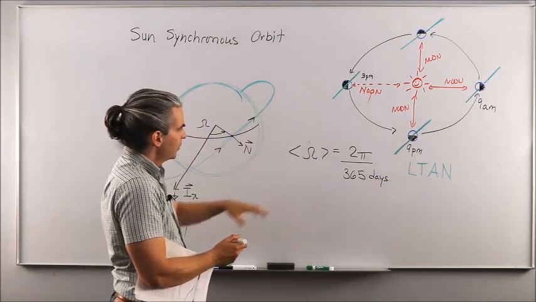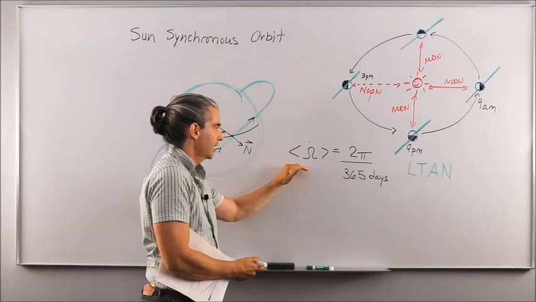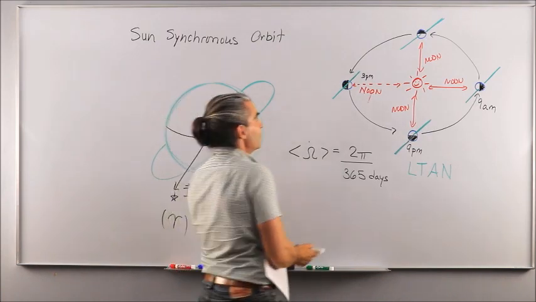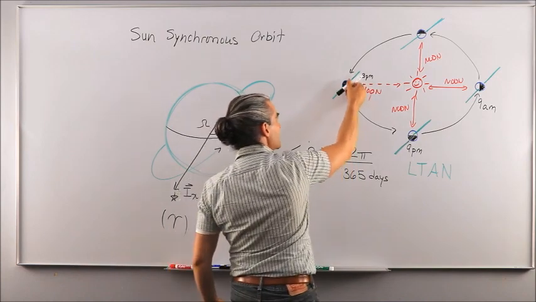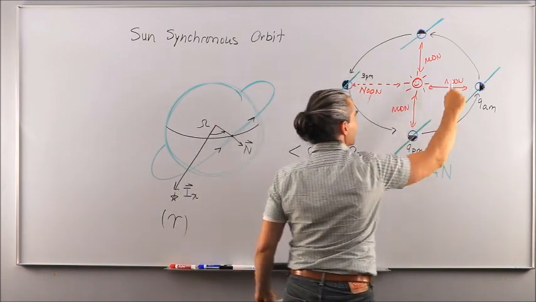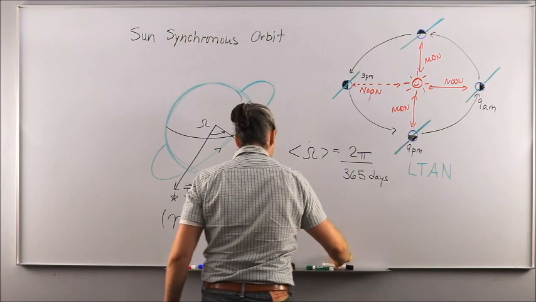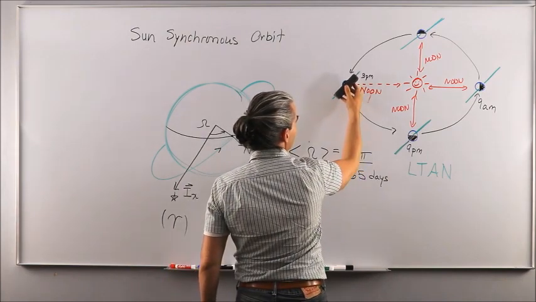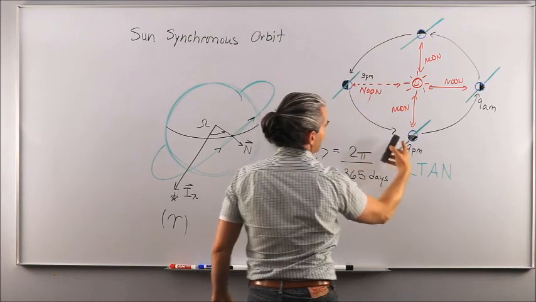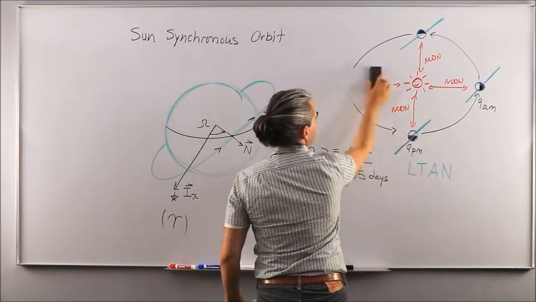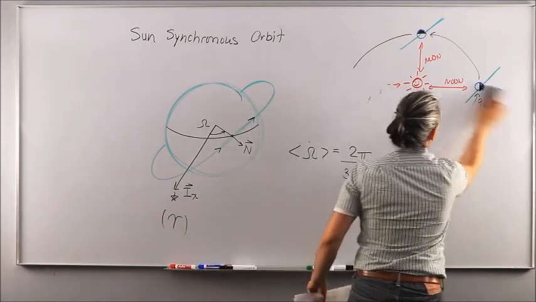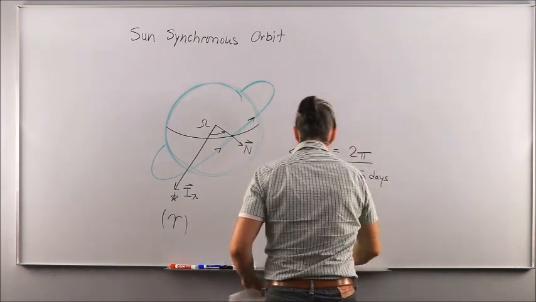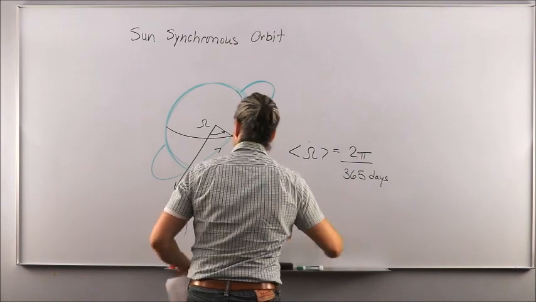If you happen to be able to design the orbit such that you get this particular value for the average rate of change in RAAN, that would mean that you would always keep the same local time of ascending node throughout the orbit. Instead of having a fixed orbit inertially, which would mean that the local time of ascending node would keep changing, then what you would get is an orbit that shifts at a rate.